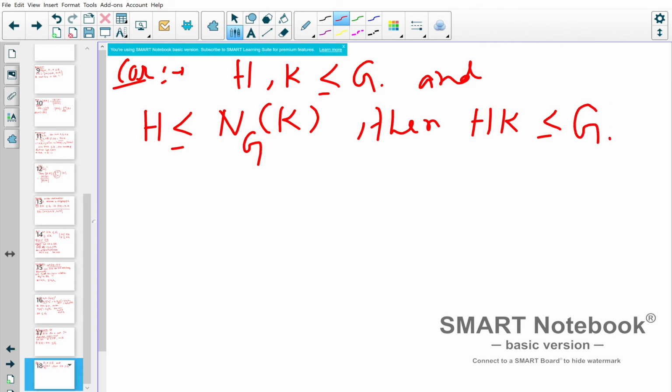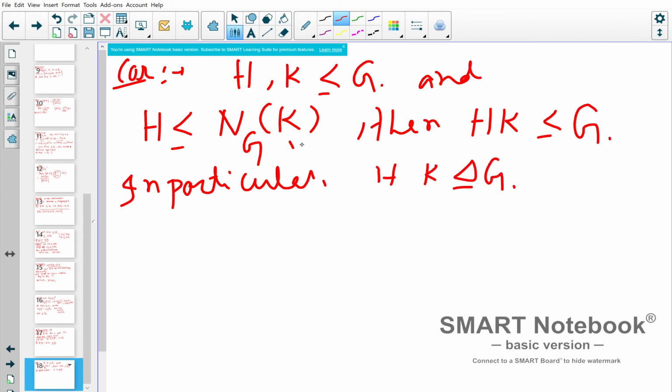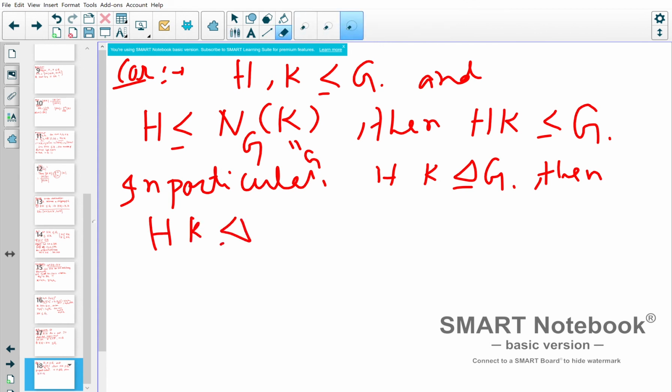This is the simple corollary. In particular, if K is a normal subgroup of G, then the normalizer becomes the full G, and then HK again is a subgroup of G. Clear?